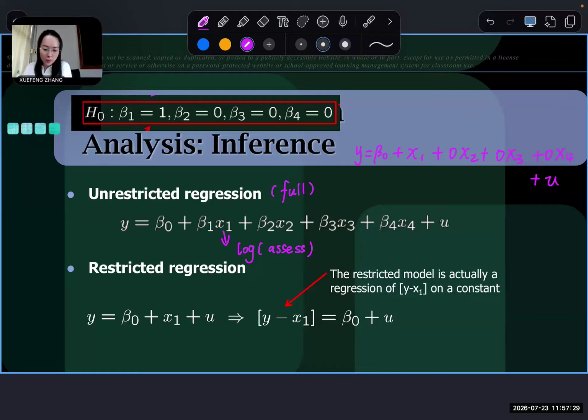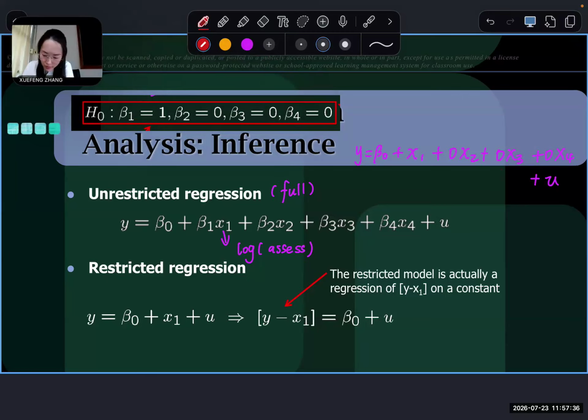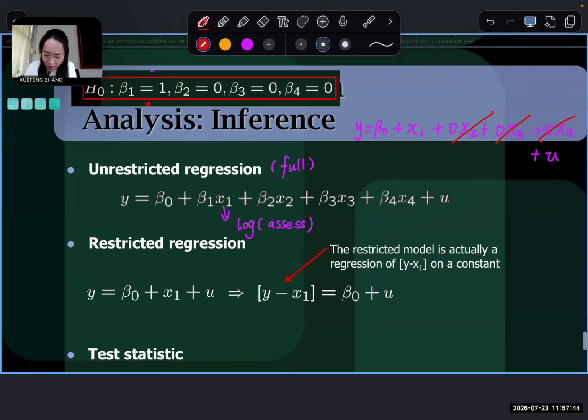This is our restricted model. And then we can cancel out some terms, this one and this one. That's why finally we have our restricted regression, which is y equals beta 0 plus x1 plus u.